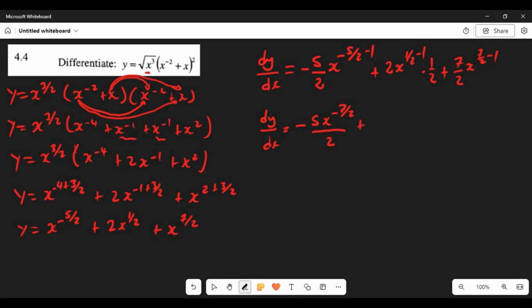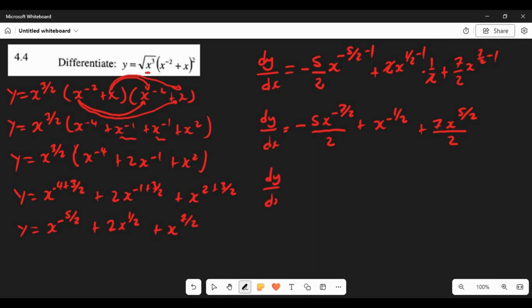And then we continue with the second term. As you can see, this 2 and that 2, they will divide each other. So meaning you're going to be left with only x to the power of negative 1 over 2. And then the last term here, you're going to have 7, and then x to the power of 5 over 2 divided by 2.